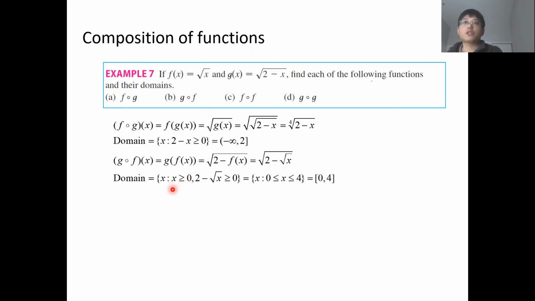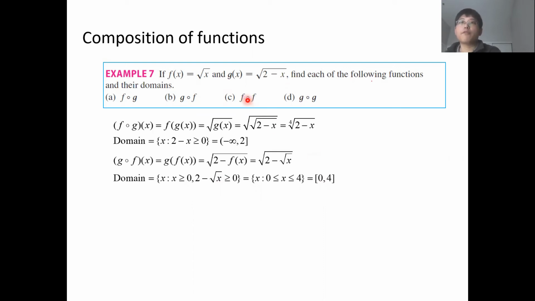So the requirements are simply x greater or equal to 0 and 2 minus root of x greater or equal to 0. Okay, solving this inequality, you will get x to be in the closed interval between 0 and 4, or by the interval notation, it's simply going to be closed interval 0 to 4. Right, so this is the domain for g circle f.